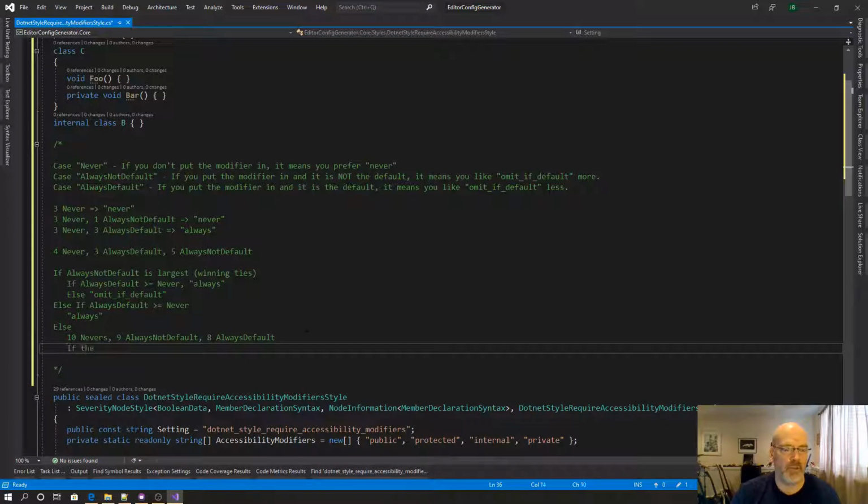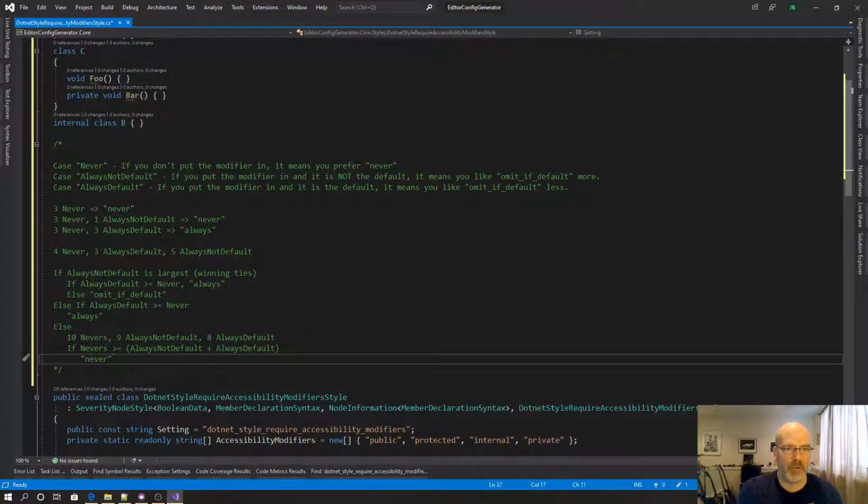So if the sum of, so if we say always not default plus, so we need to say if nevers is greater than or equal to, then we want to say never. So that's like you said, 10 nevers, 2 and 3. You clearly like nevers. I mean, again, it's statistical. I think this is right.